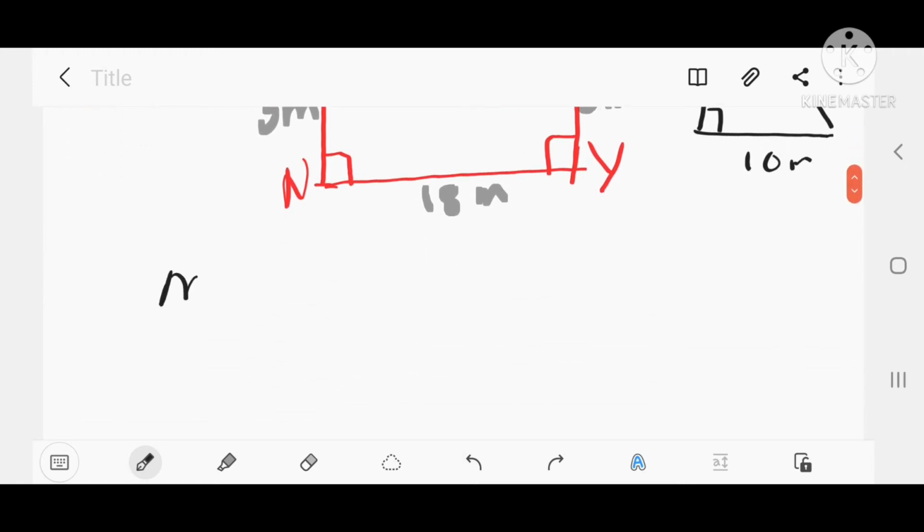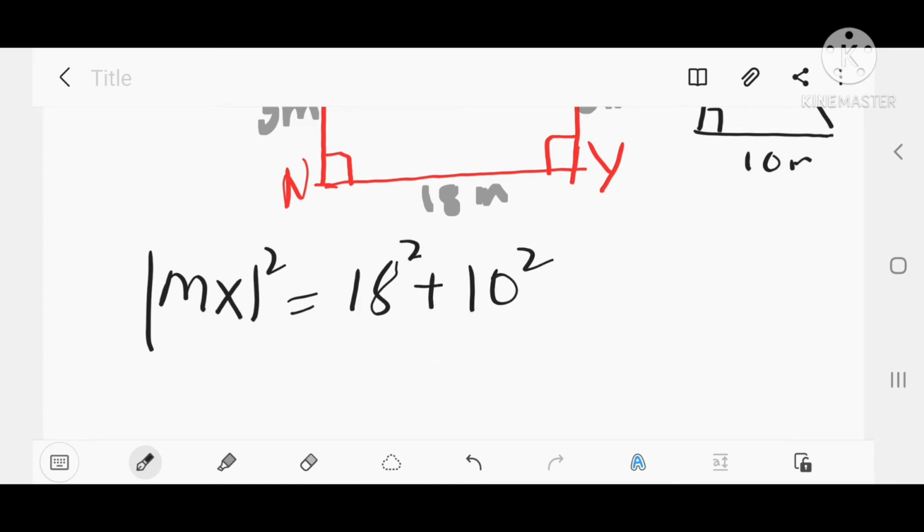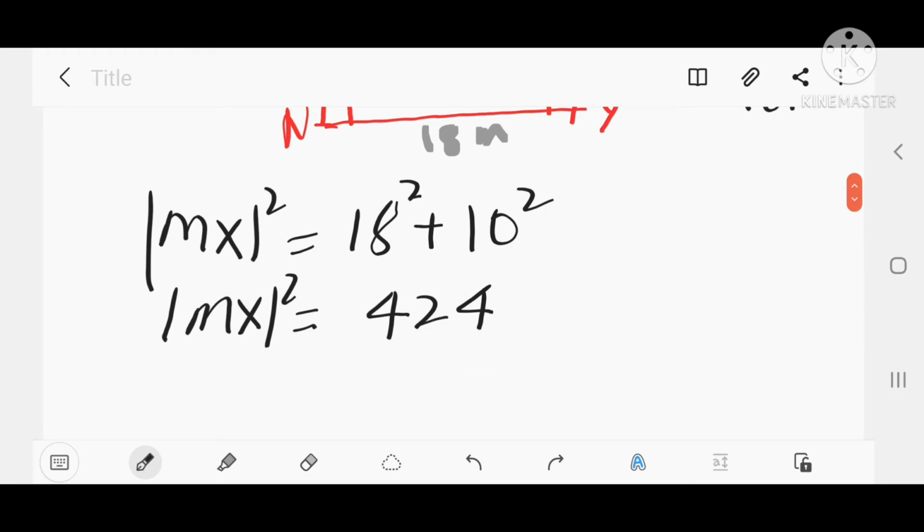So line MX squared will be equal to 18 squared plus 10 squared, which will be equal to 424, the line MX squared. Then since we are looking for the length of the line MX, we square root both sides.